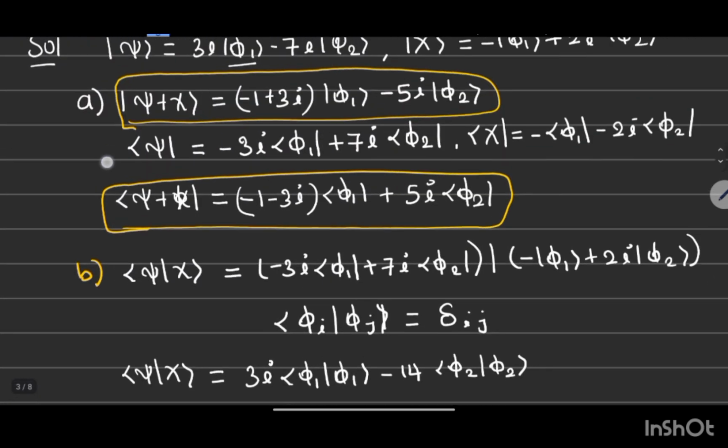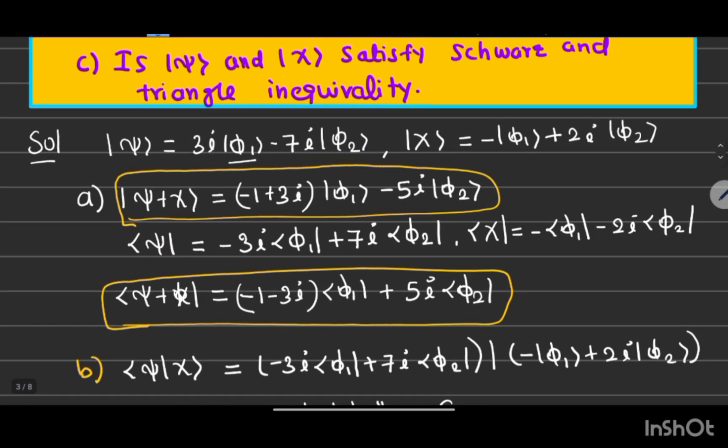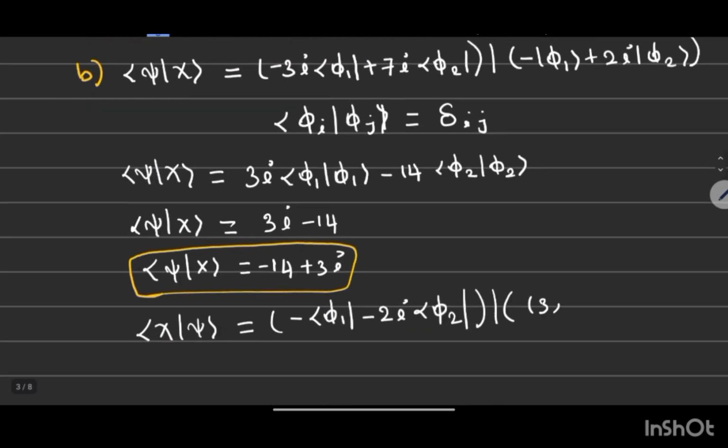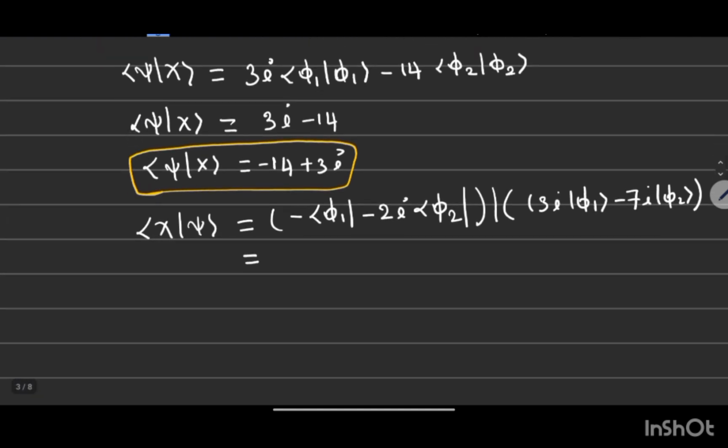Ket psi. Ket psi is 3i times phi 1 minus 7i times phi 2. Okay, now what is the inner product of these two vectors?